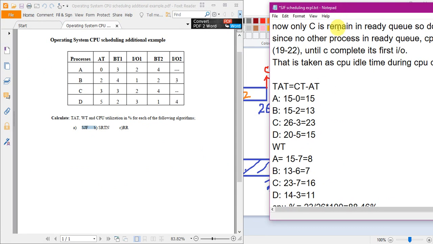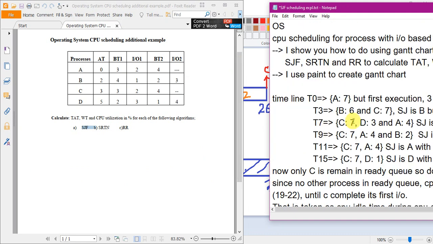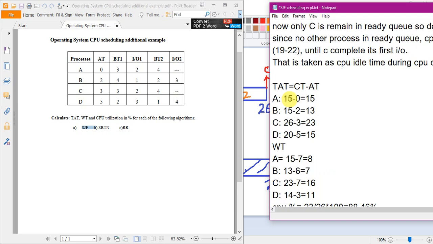After this, you do the waiting time. The total burst times: initially A is 7, B is 6, C is 7, D is 3. Waiting time is turnaround time minus total burst time.